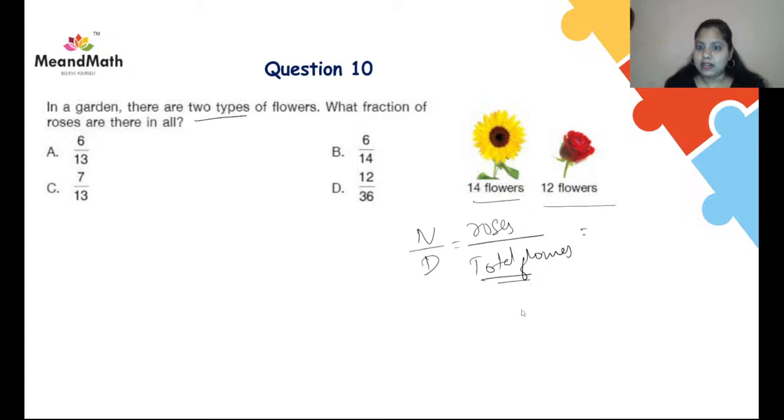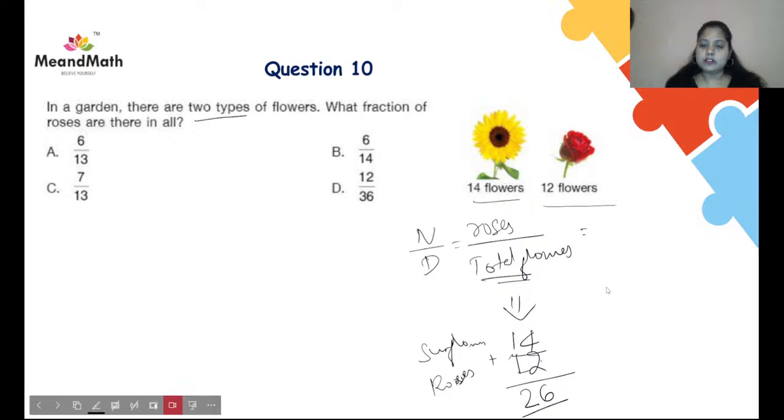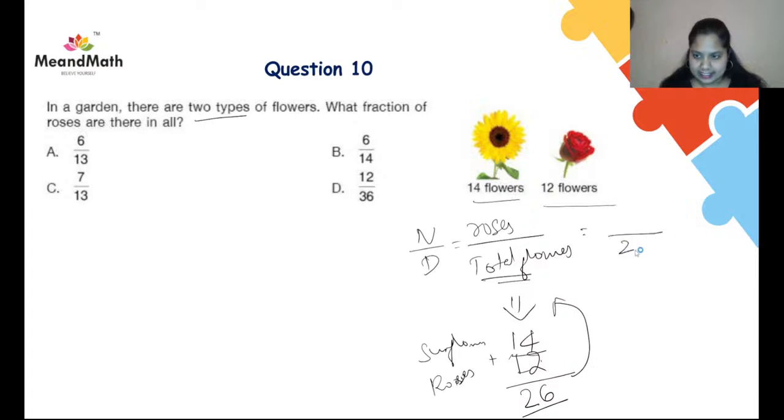So for the total flowers, we have to add how many sunflowers are there and how many roses are there. Total means we are adding, right? 14 plus 12: 4 plus 2 is 6, 1 plus 1 is 2. So we get the total number of flowers as 22. Okay? 26, I'm sorry. So the total number of flowers is 26.